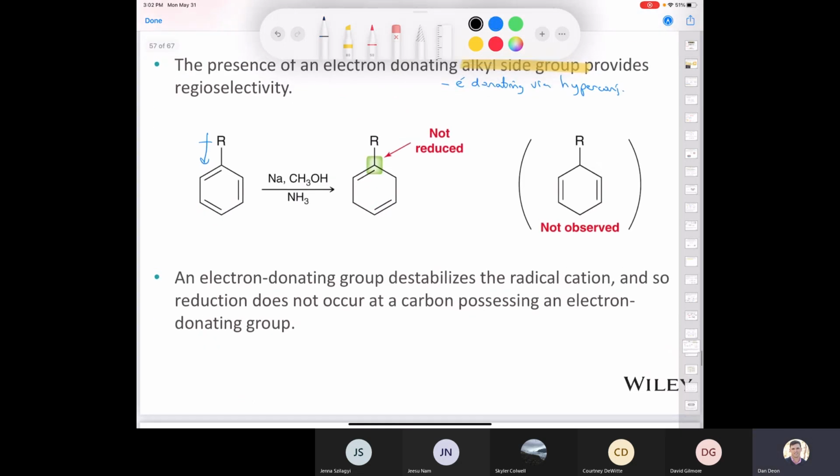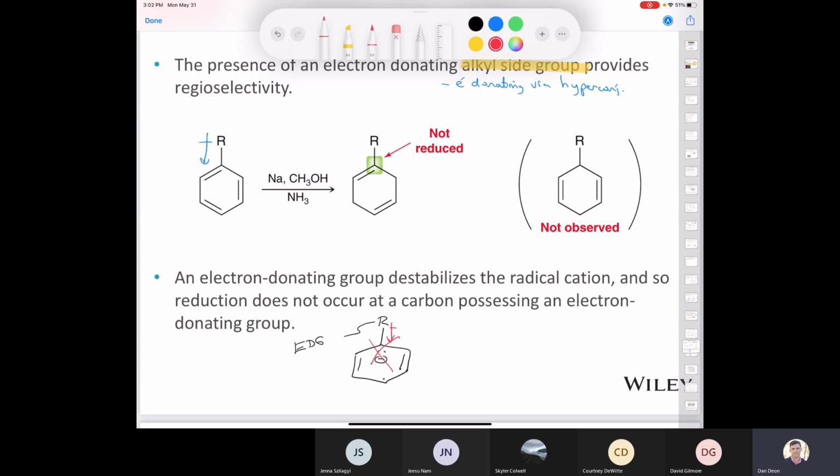If you had an electron donating group, let's just draw the radical anion. So we'll put the two double bonds, put the anion here, we'll put the radical here. Well, if I have an electron donating group here, an alkyl group, this is going to be highly disfavored because now I'm donating electron density towards something that's already negative.